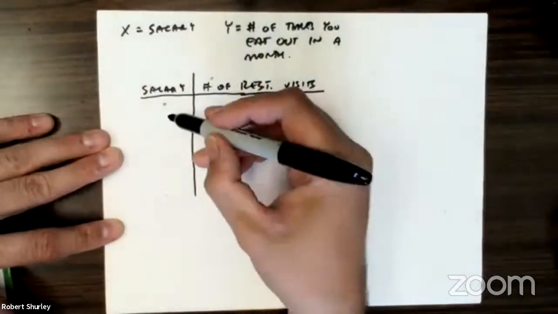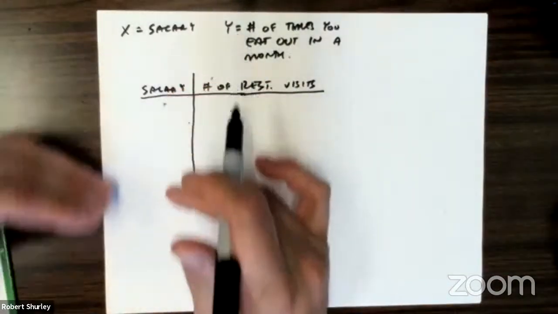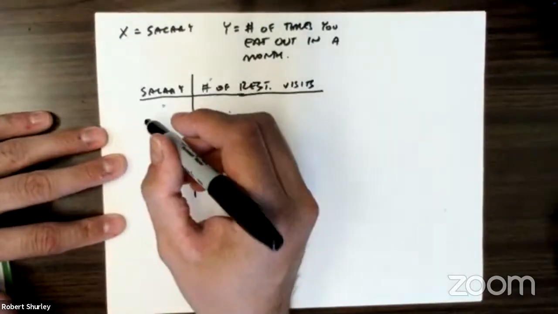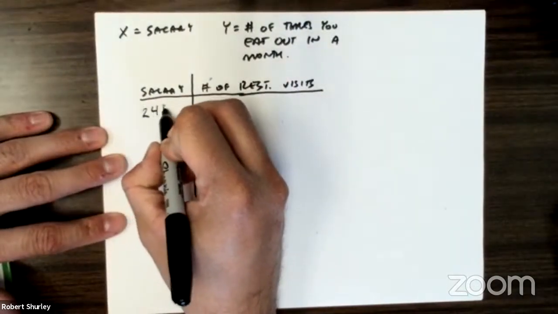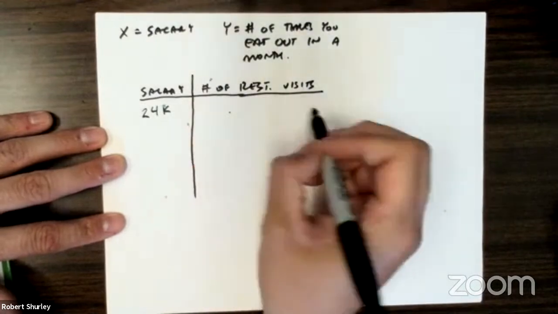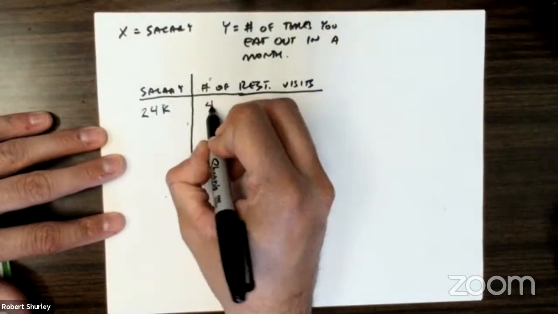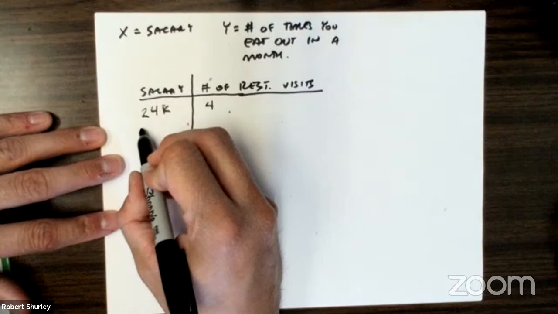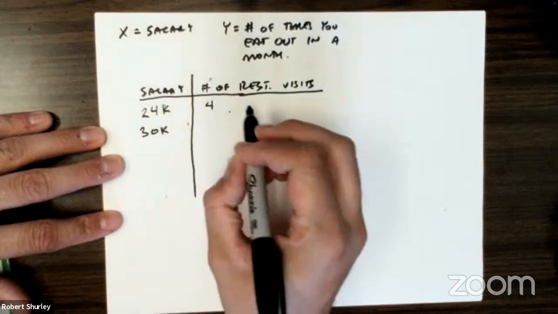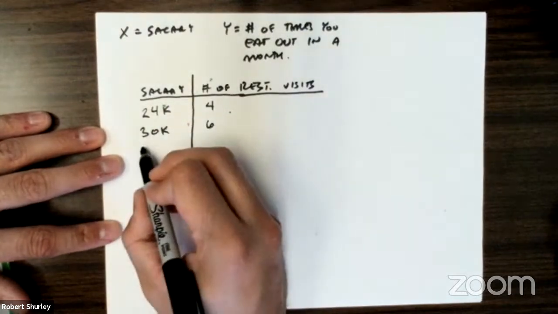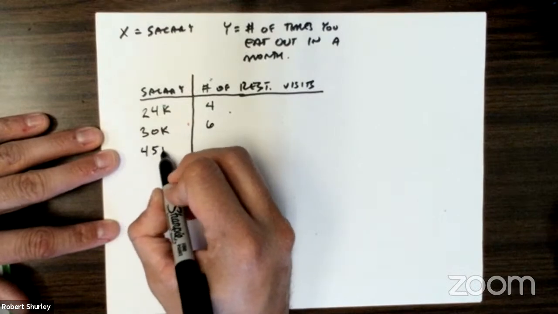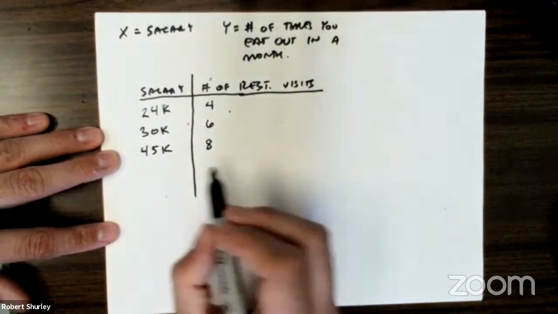Number of restaurant visits. So the first person we go to, we're going to line these up in order. Let's say the first salary is somebody makes $24,000 and they go out to eat 4 times a month. And then the next person makes $30,000 and they go out to eat 6 times a month. And the next person makes $45,000. They go out to eat 8 times a month.